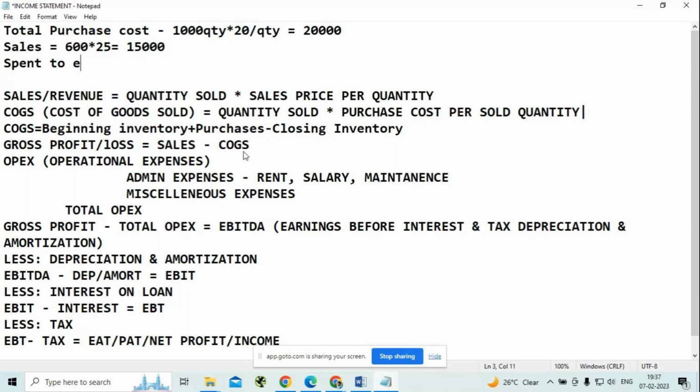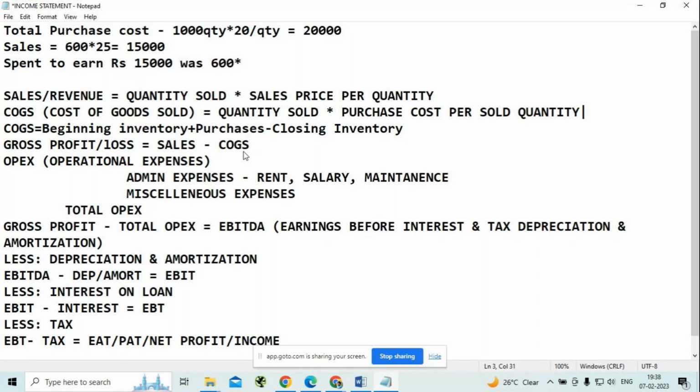The amount spent to earn 15,000 was 600 into the purchase cost.